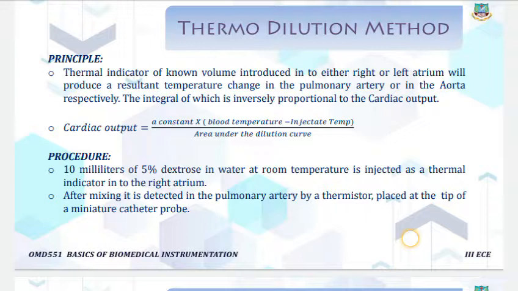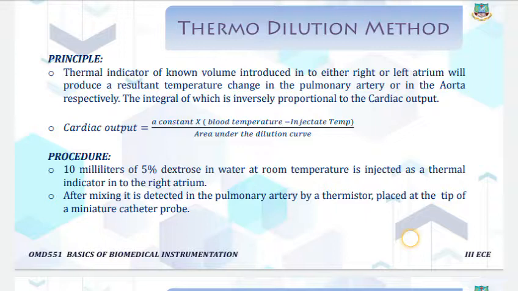The procedure of this thermodilution method is as follows. 10 milliliters of 5% dextrose in water at room temperature is injected as a thermal indicator into the right atrium.